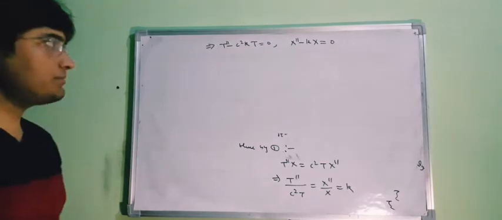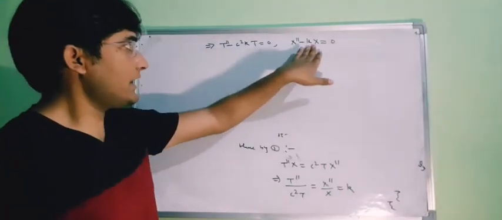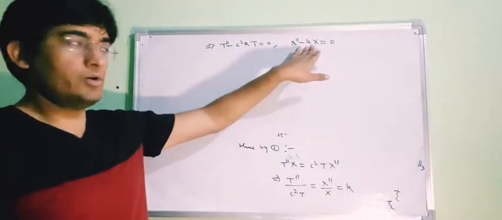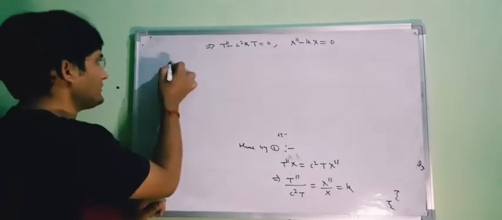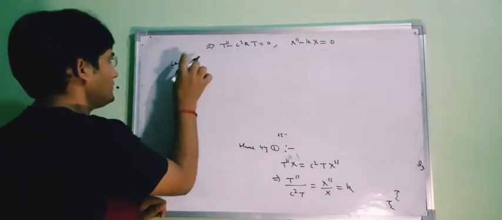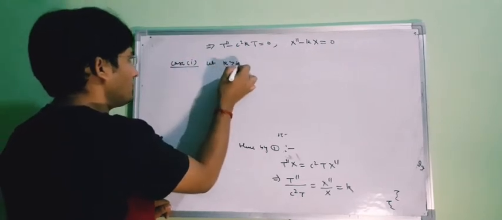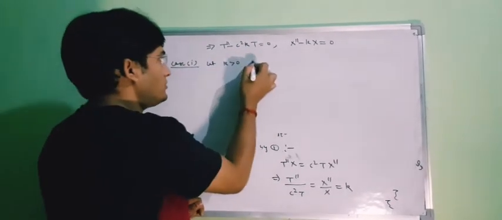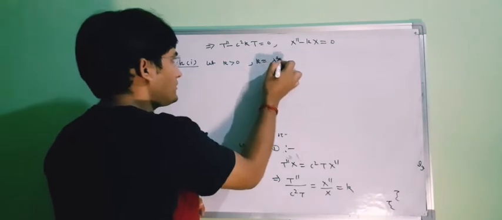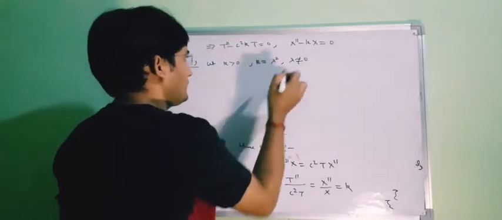Now our solution depends on the nature of k, whether k is positive or negative. So let us take case first: let us assume that k is greater than 0. Then we can assume k as λ², where λ is non-zero.